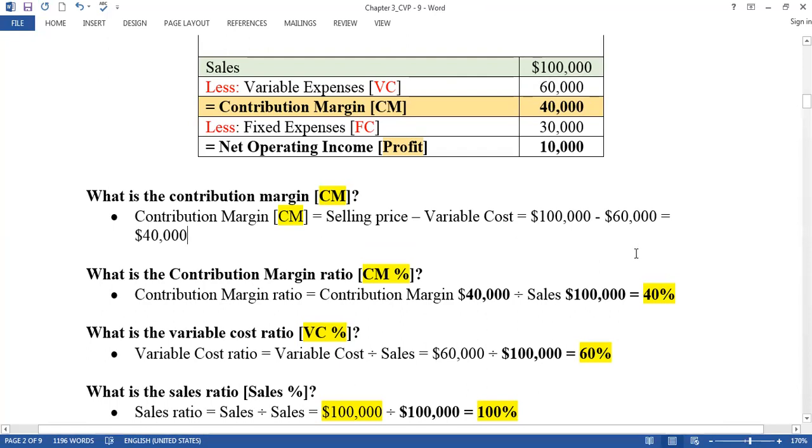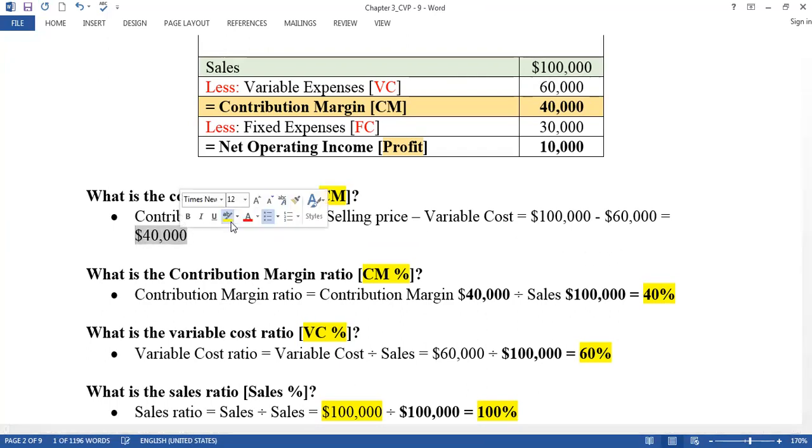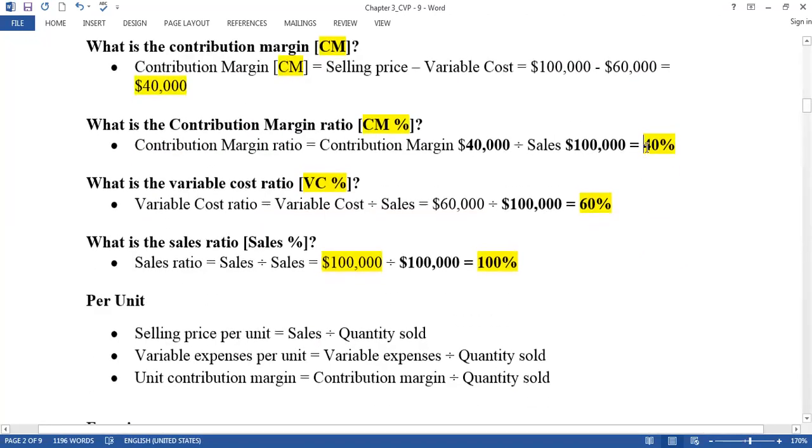So this is the contribution margin. We calculate contribution margin, contribution margin ratio, variable cost ratio, and the sales ratio. This is the formula, right?